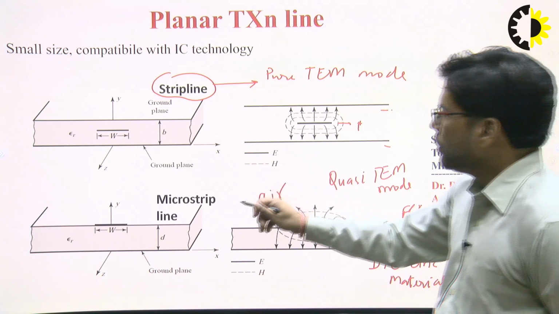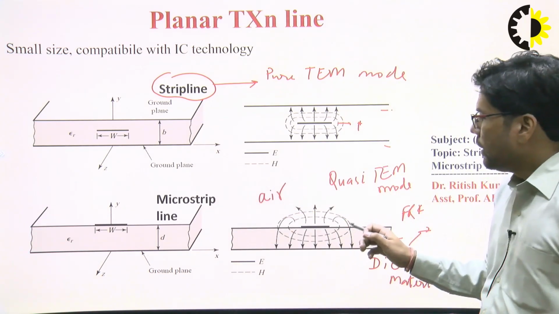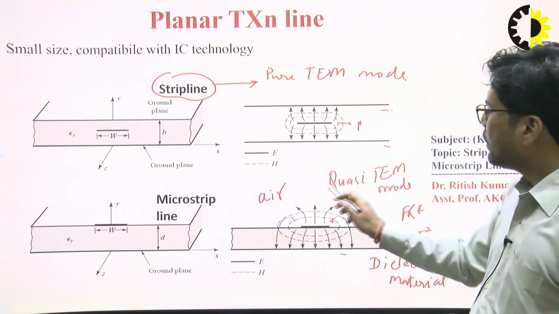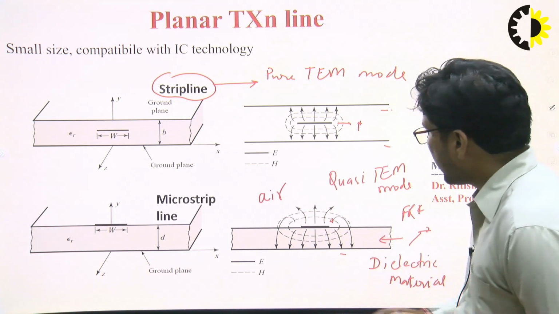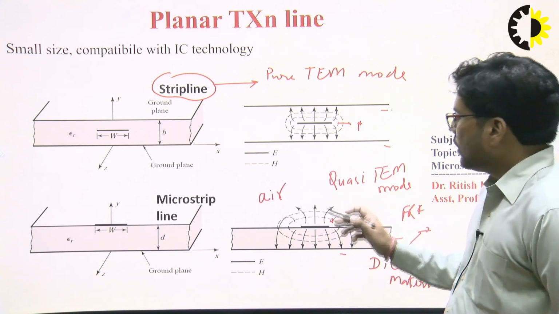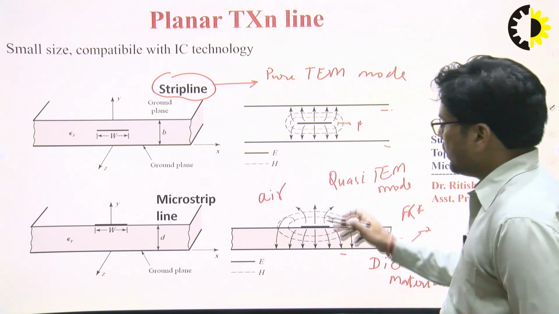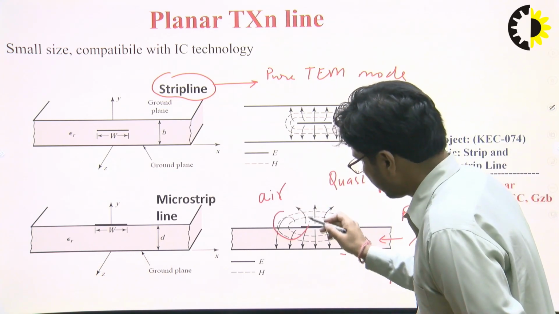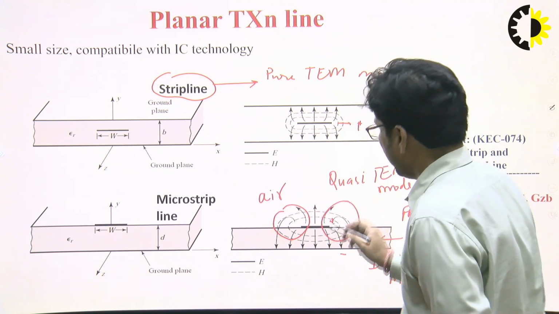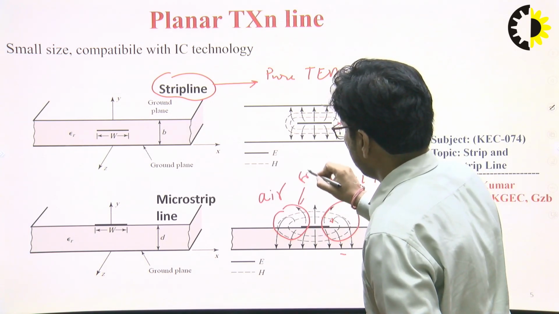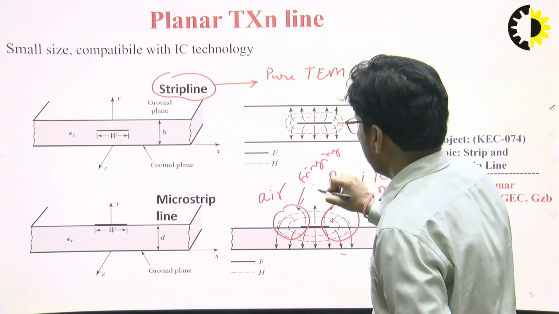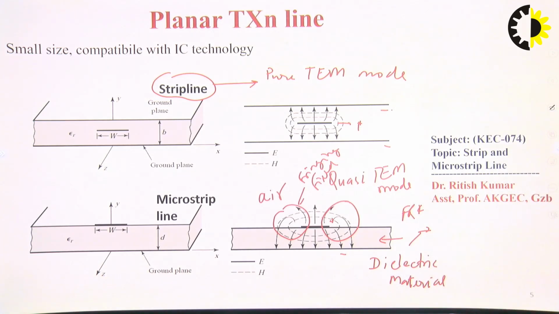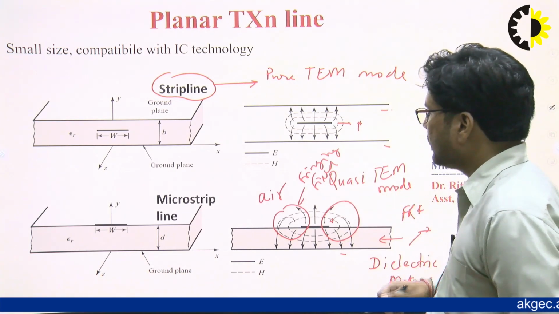In the case of microstrip, all the electric field comes from positive to negative. Some of the fields lie in the free space, the air media, and this field is known as the fringing field. Due to this fringing field, it has some limitations.